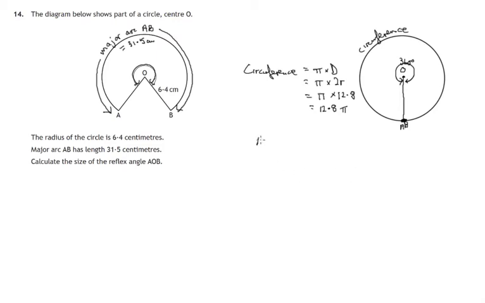And we know that that circumference goes with 360 degrees at the centre. What we're trying to find is the angle at the centre that goes with 31.5 centimetres.